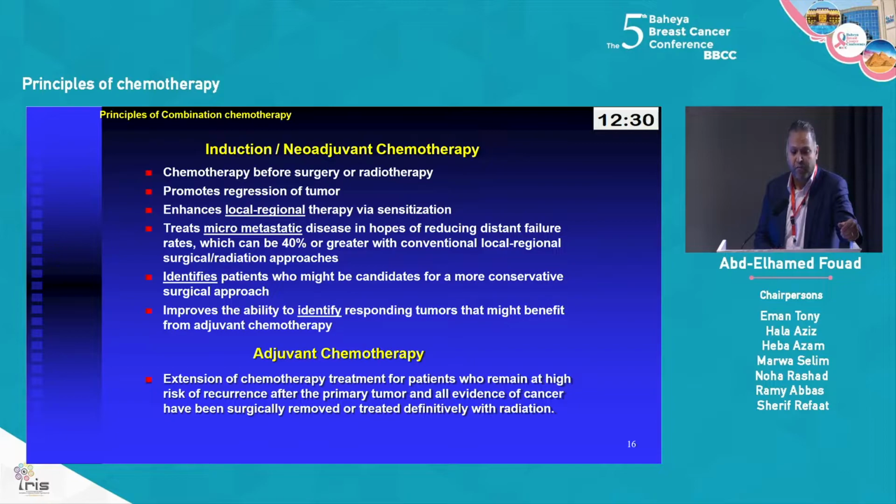It identifies the subtype of patients that can be treated by a more conservative surgical approach, and the subtype of patients that may benefit from adjuvant chemotherapy. And this takes us to adjuvant chemotherapy. It means the extension of chemotherapy treatment for patients who remain at high risk of recurrence after the primary tumor and all evidence of cancer have been surgically removed or treated by definitive radiotherapy.